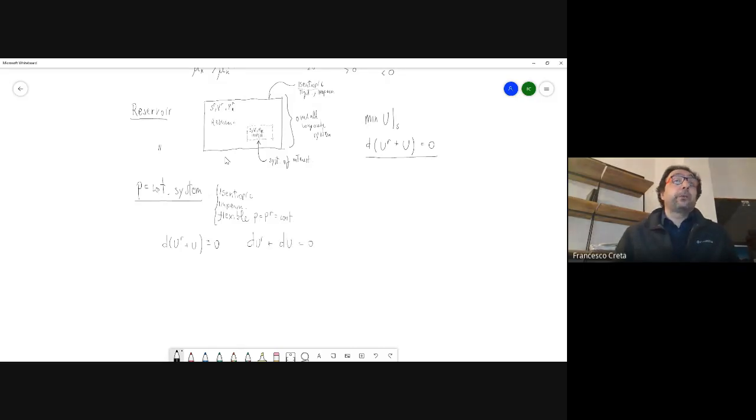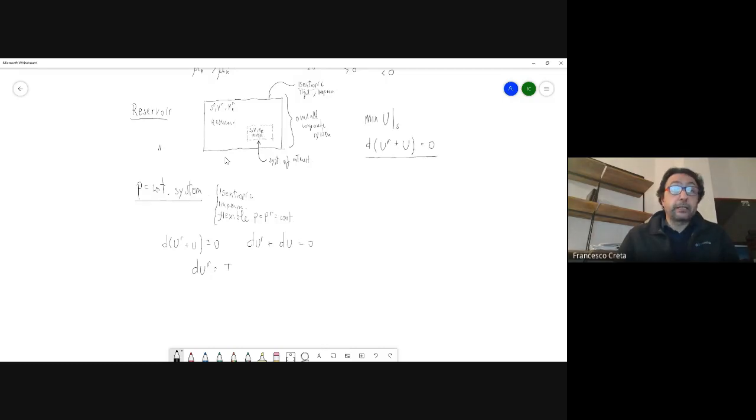I want to get rid of all the reservoir quantities that I don't know and I'm not interested in, because I'm really interested in only the inner system, which is my system of interest, indicated with quantities without the superscript: S, V, and N. So let's express the reservoir dU^R, the change in internal energy of the reservoir.